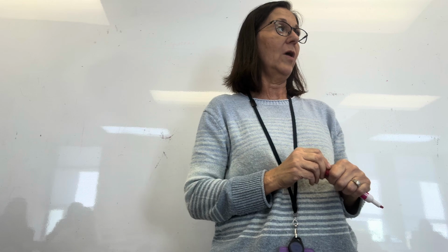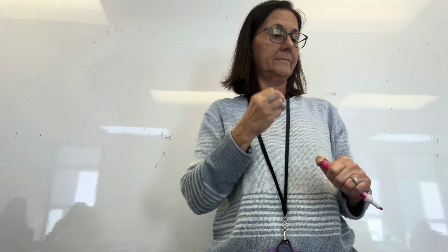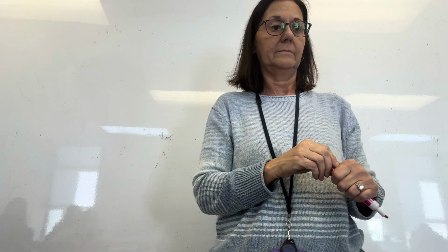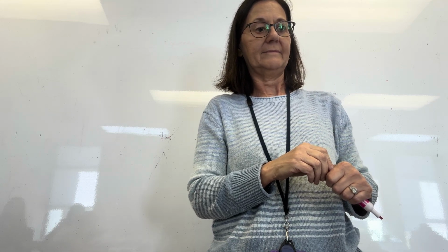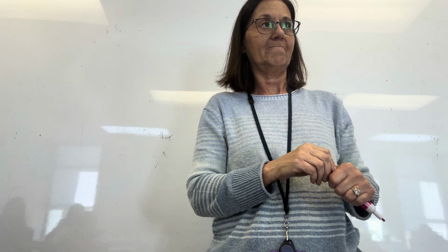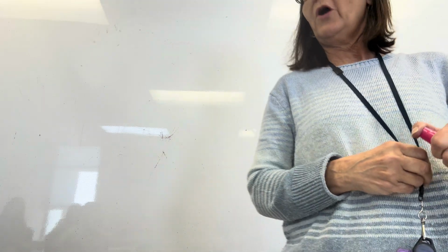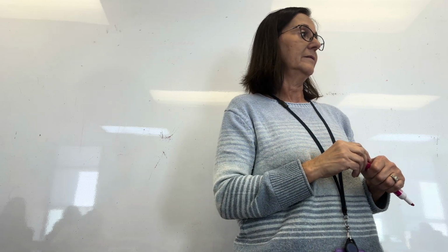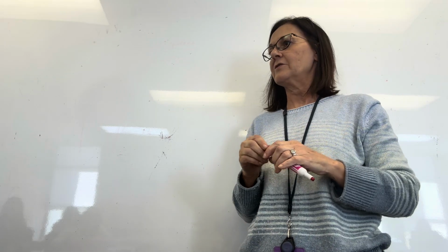So what quadrant should it end up in? Quadrant 2. And you would label the image A prime, B prime, C prime, so that I know which vertex goes with what original. What's the image of the original? So A apostrophe, B apostrophe, C apostrophe. Remember that?